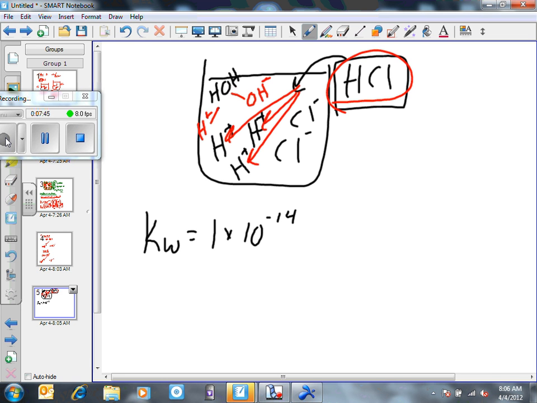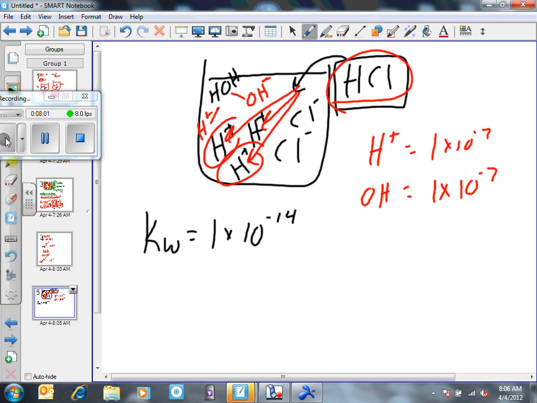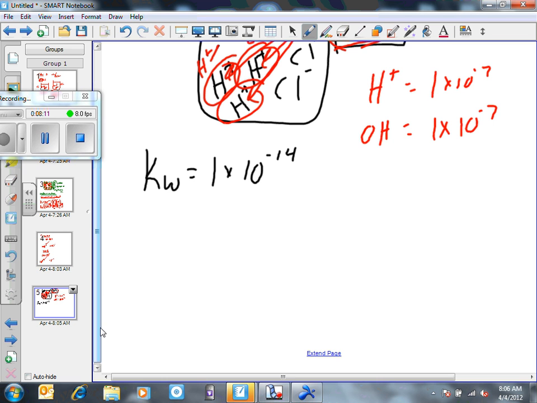Because before, in plain water, my concentration was 1 times 10 to the negative 7 of both protons and hydroxide ions. But now you can see I'm clearly going to have more protons because they're coming from the hydrochloric acid. So, if I put hydrochloric acid into this cup, and I found out that I had a proton concentration of 1 times 10 to the negative 5th, I want to figure out what my hydroxide concentration is.